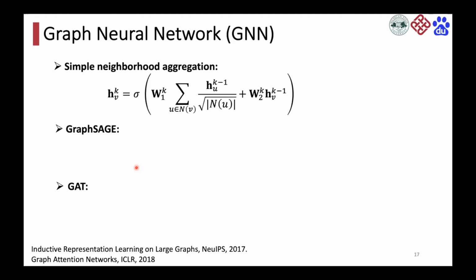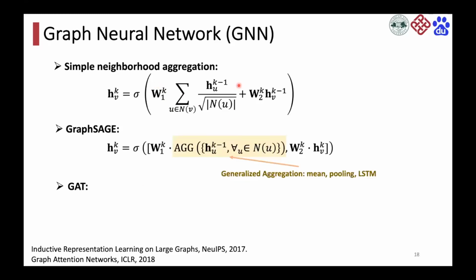Okay, there are other variants of GNN models. The two representative GNN models are GraphRec and GAT. This part was the type of aggregation we just introduced before. Now, GraphRec uses a general aggregation function. What kind of function can we use?